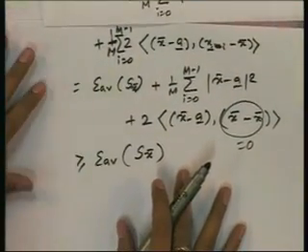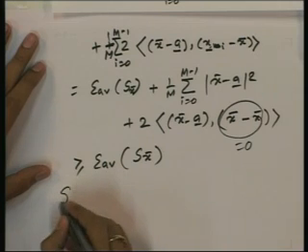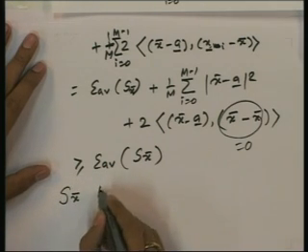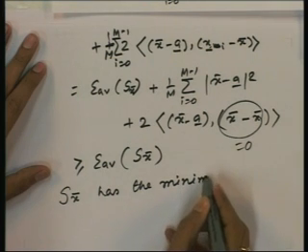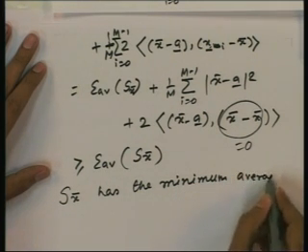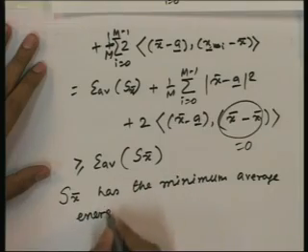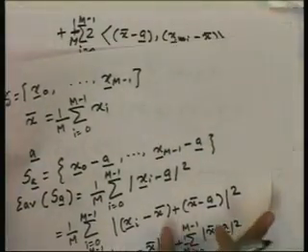So, we conclude that S x bar, this translated version, has the minimum average energy. So, we have seen that if you translate a signal set by any vector, the probability of error does not change, but the average energy changes.